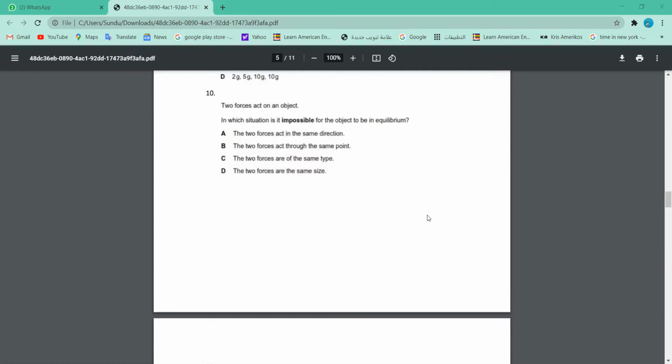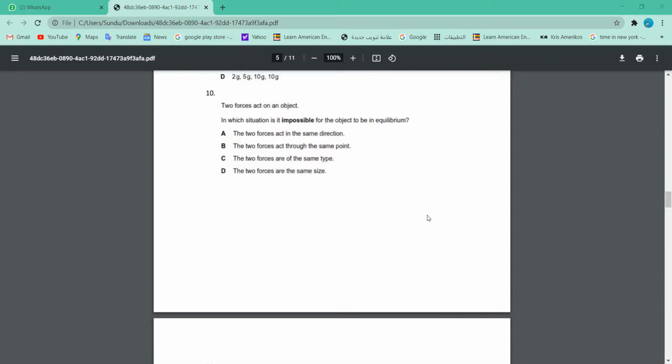Okay, question number 2. Two forces act on an object. In which situation is it impossible for the object to be in equilibrium? Number 1, the two forces act in the same direction. Yes, because there has to be some force to balance them. If both the forces are acting in the same direction, there will be nothing to balance them, right?